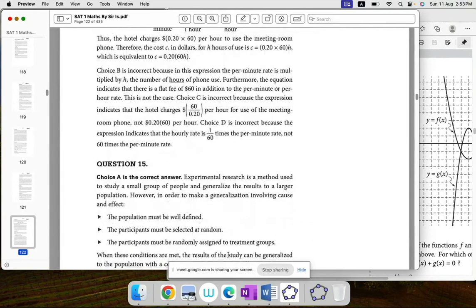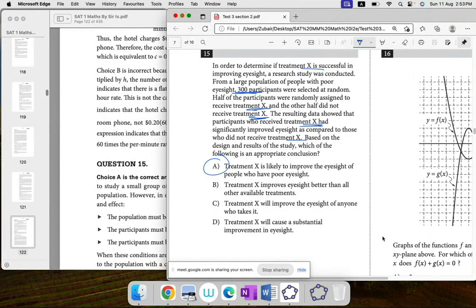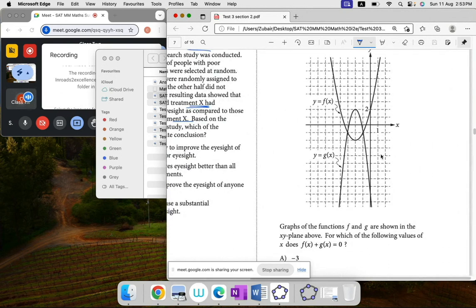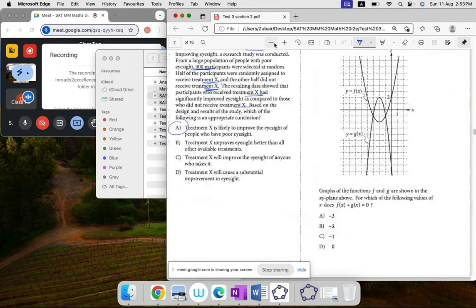Question 15 is A. Yup. Mad, it is, and so it is.